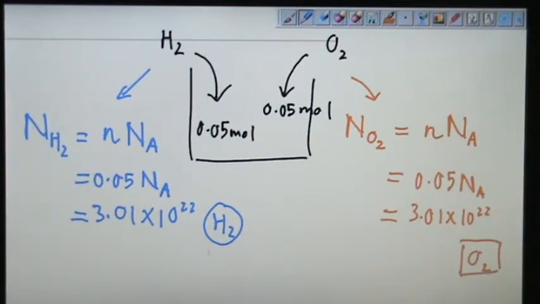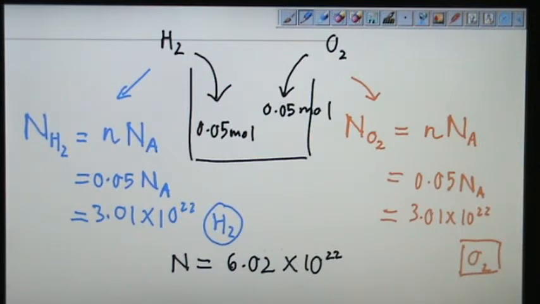Okay, so you add up together. I'm sure you can do the maths. When you add up together, you will get 6.02 times 10 power 22. Because 3.01 times 10 power 22 plus 3.01 times 10 power 22, you get total.